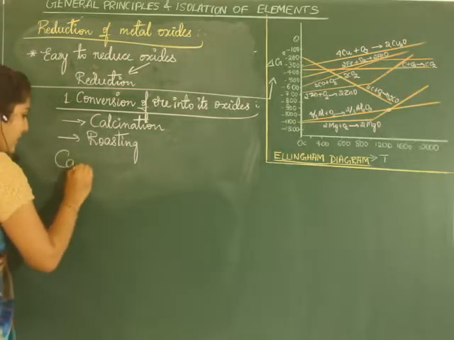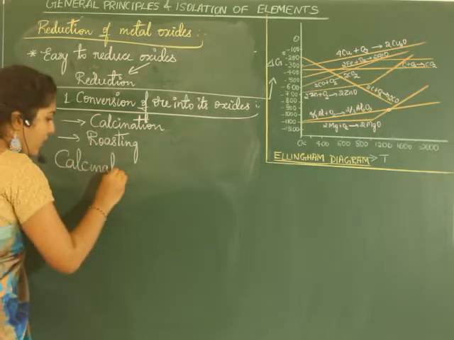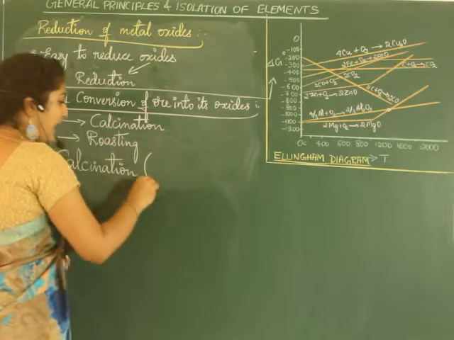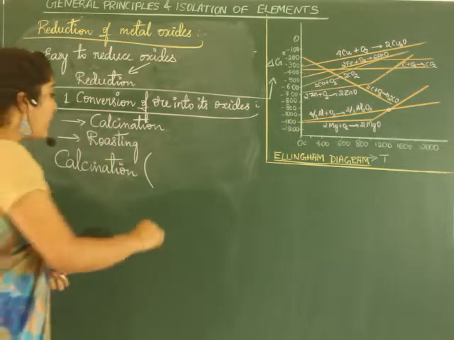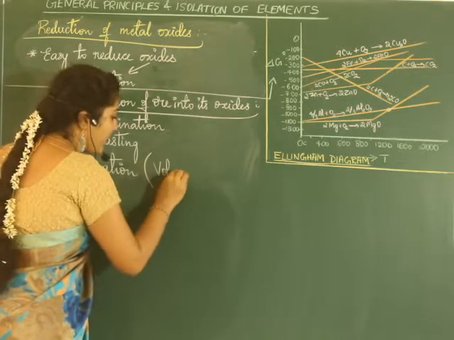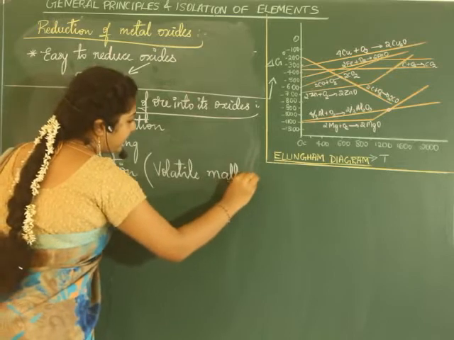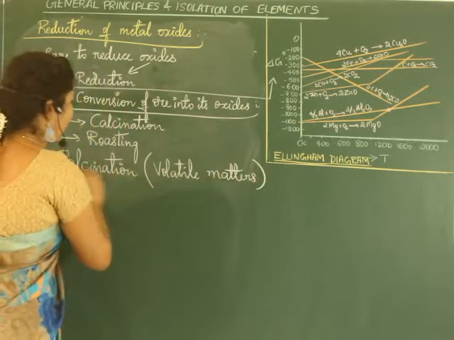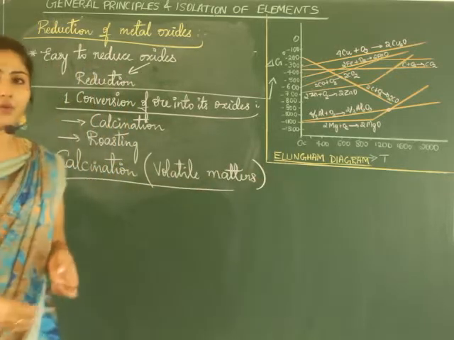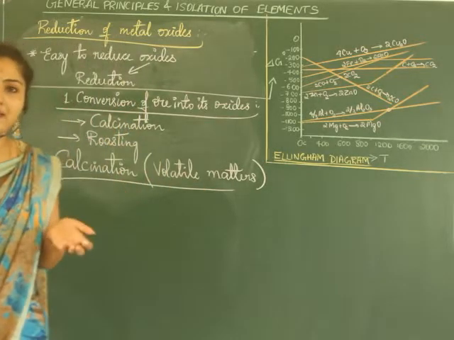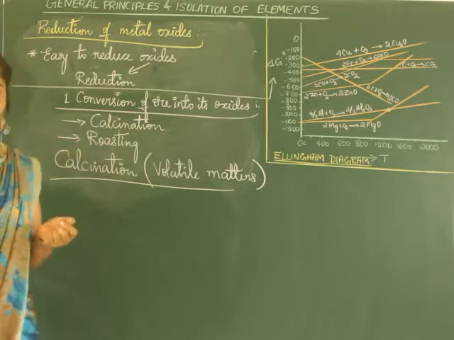Now how do we know which ore we have to subject to calcination or roasting? In calcination, what happens, you know, volatile impurities will be removed. If you want to know whether you have to subject an ore for calcination or roasting, see which type of ore it is.